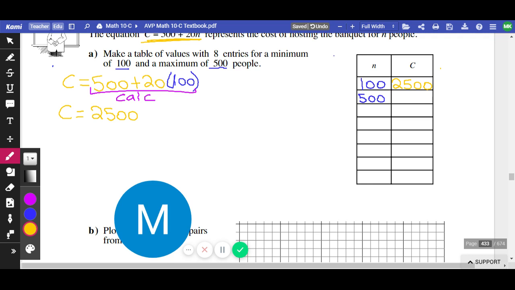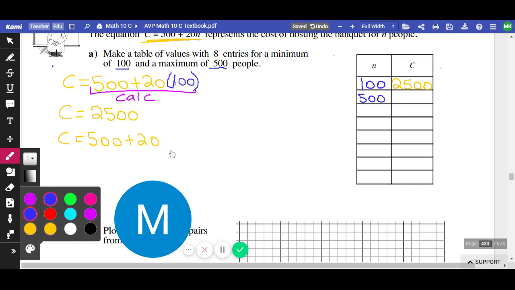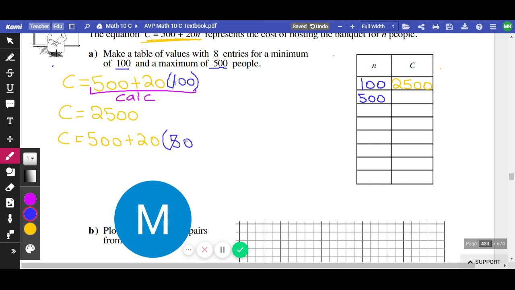We then need to do an input value for the most number of people that can come. The most number of people that could come was 500 people. So we go back to our equation. We input a value of 500. When we input a value, we use brackets. That's a 500, even though you never know it.